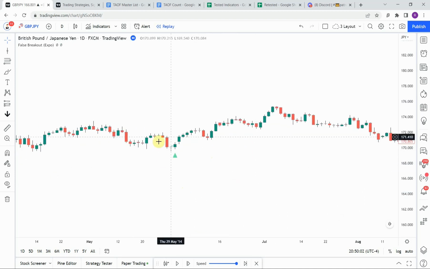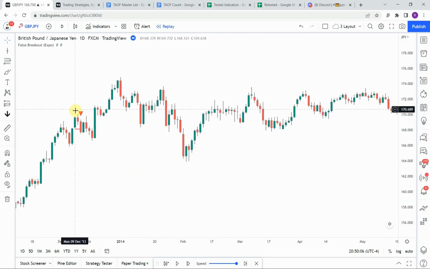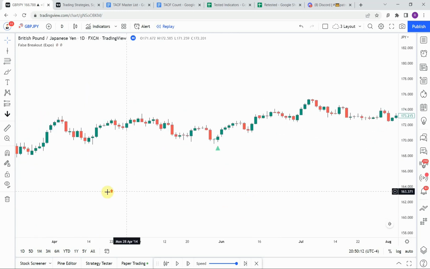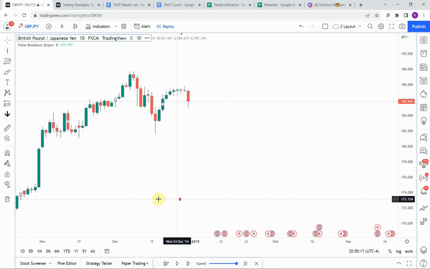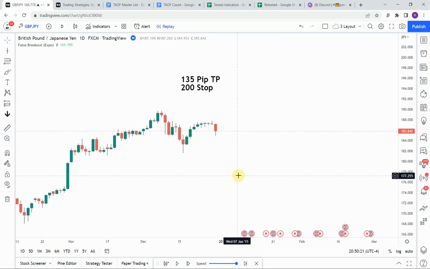And so again, these arrows here are the signals, so you can see a red one here and a green one there. So when we get a red arrow, we are looking to go short. When we get a green arrow, we are looking to go long. And that's how we are going to test it today. Let's go ahead and get on with the testing and see what we can get out of it.